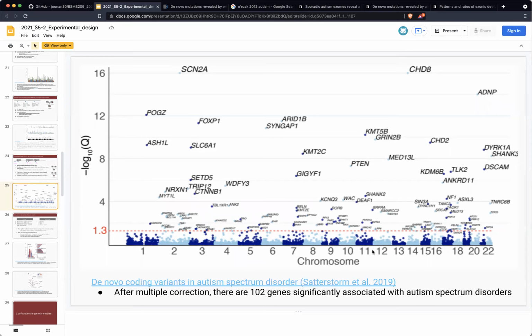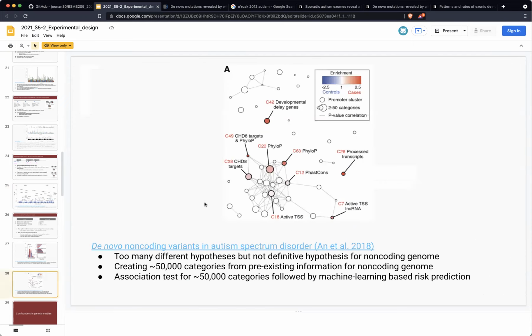And these things totally revolutionized the notion of disease research. And this is another category-based testing. This is for the de novo mutation, but in the non-coding genome. This is published in Science in 2018. It's actually by me, and this is your second assignment.